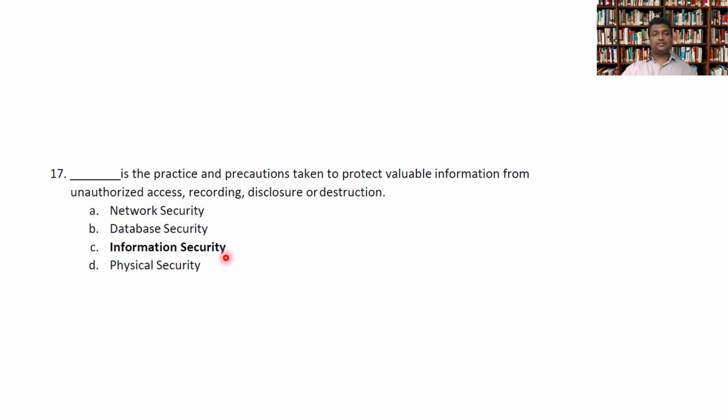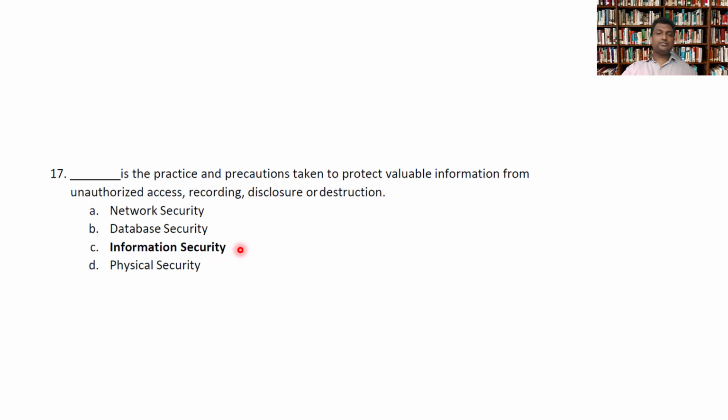And finally, information security. Now we talked about all these devices and databases and physical places. Information security is about the security of the information. For example, let's say an organization created a sensitive document from the finance department about the organization's bank account, and now they want to send it to someone else for evaluation or auditing.